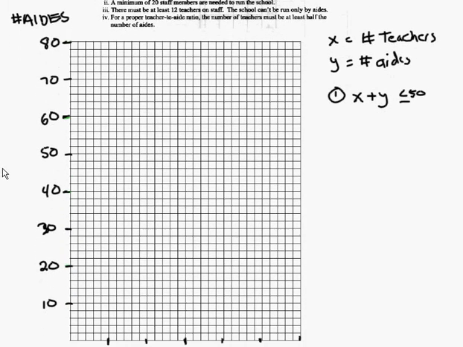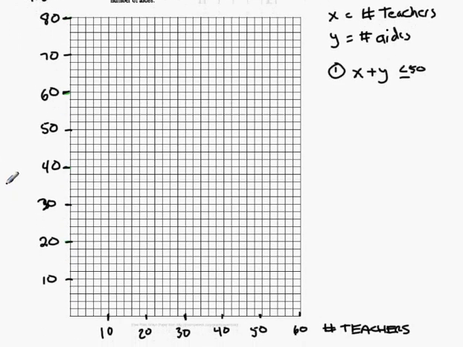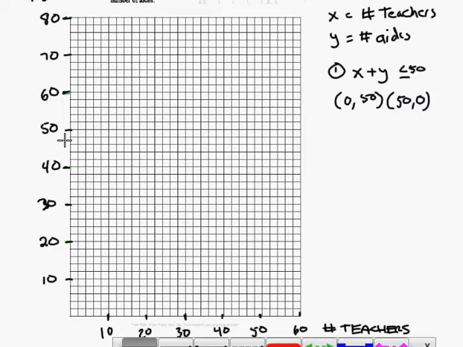So to graph this, what we're going to do is let X be 0, then let Y be 0. If I let X be 0, I get Y equals 50. Let Y be 0 and X is 50. So we're going to draw a line from 0, 50 to 50, 0.